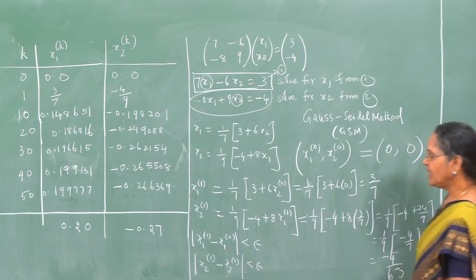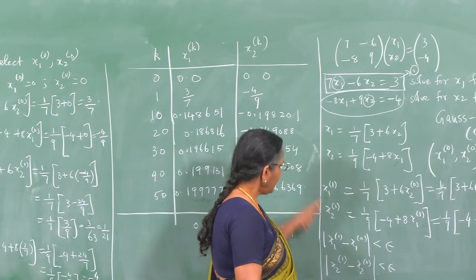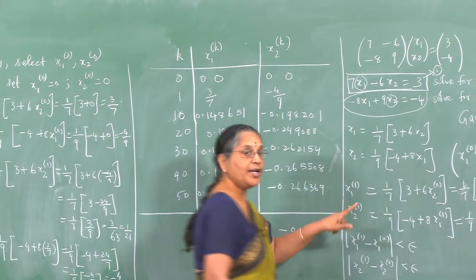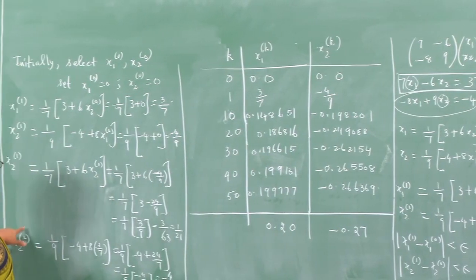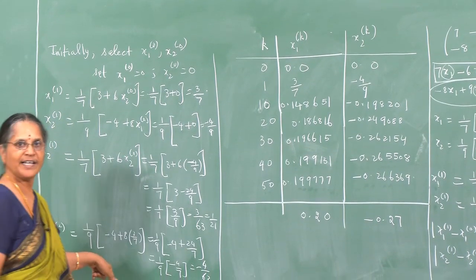So, you observe that the solution for x2 even at the first step coincides with the solution for x2 that was obtained at the second step using the Gauss-Jacobi method.